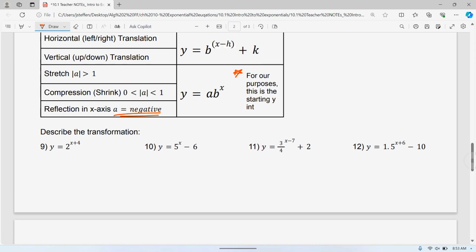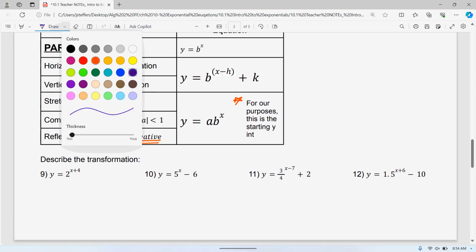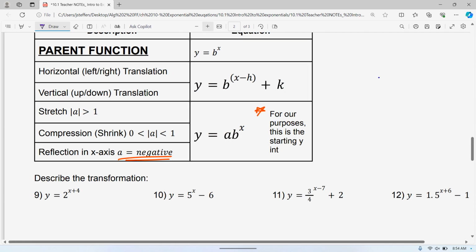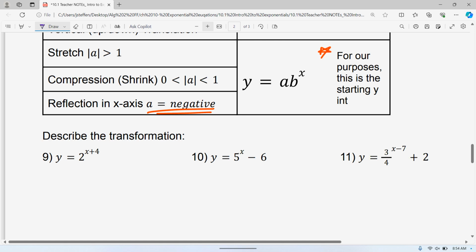So using that table, and you're not going to get this table on a test to memorize it, which again, most of you guys, it's not going to be hard because we already did a couple lessons like this. One of the transformations, so number 9. The x plus 4 means we're going to the left.